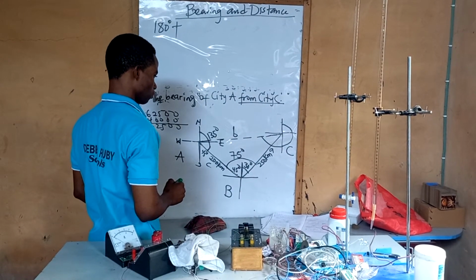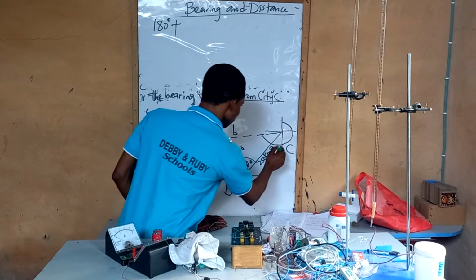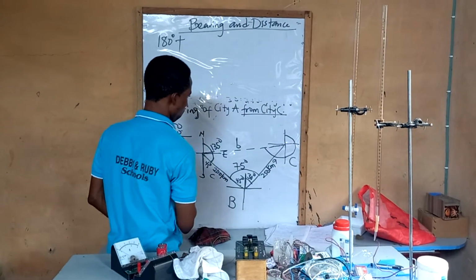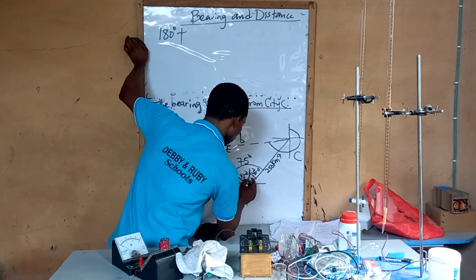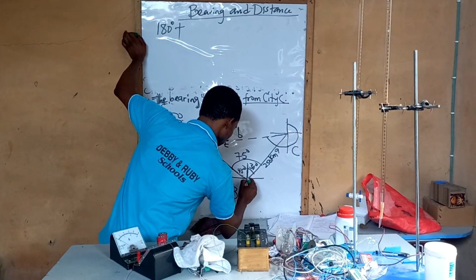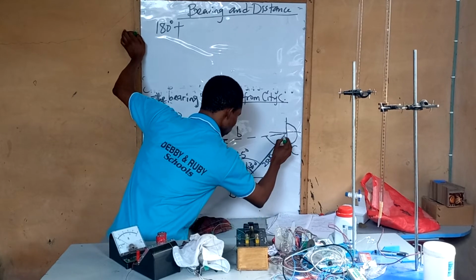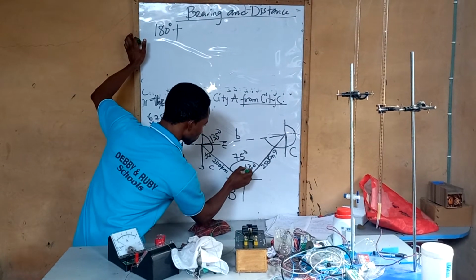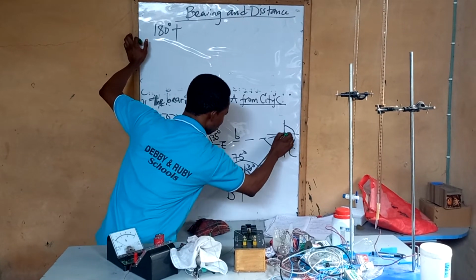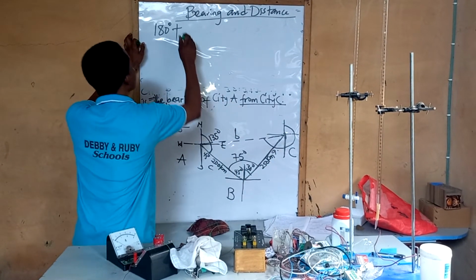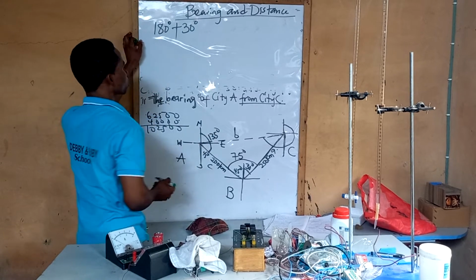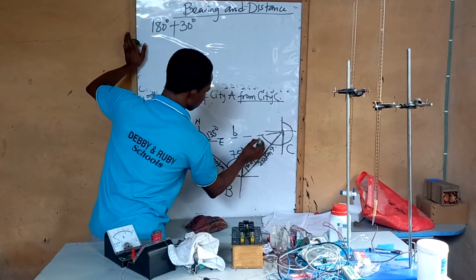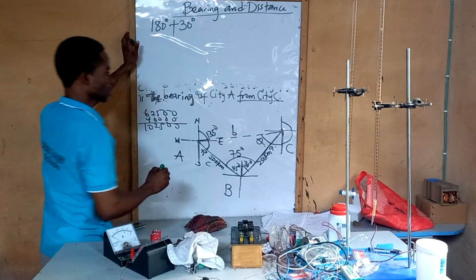Yes. Here to here now, this is 30. You know our alternate angles. This is 30. So here is 30. So what I need now is from here to here. Let me represent it as an angle.